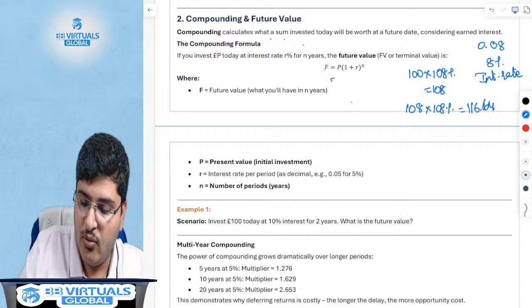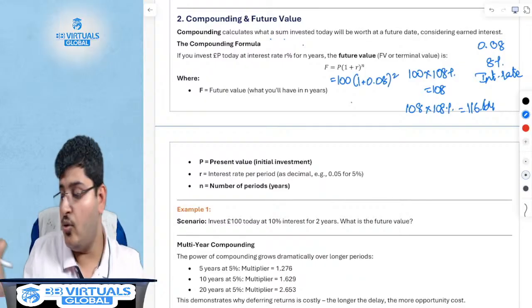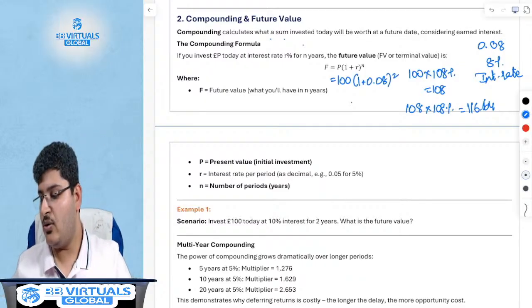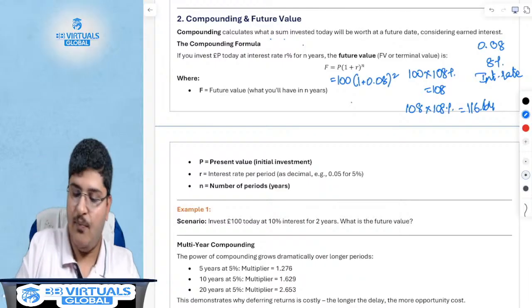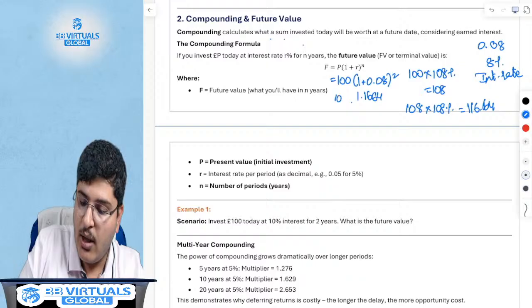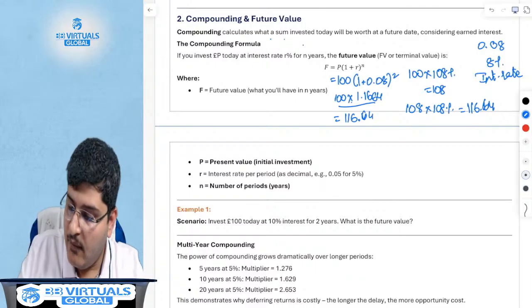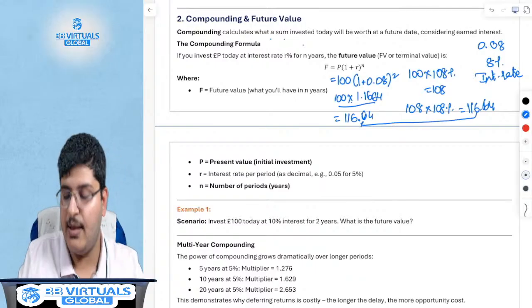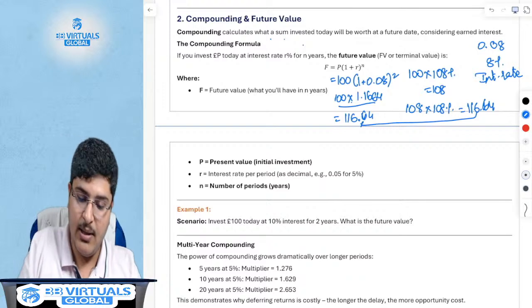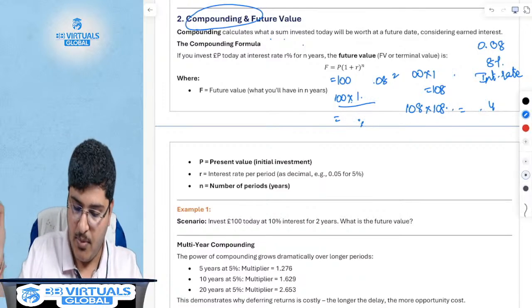The easier way is to do 100 into (1 plus 0.08) raised to 2. 1.08 squared gives 1.1664, so 100 into 1.1664 gives 116.64, the same number. This is the concept and formula of compounding.